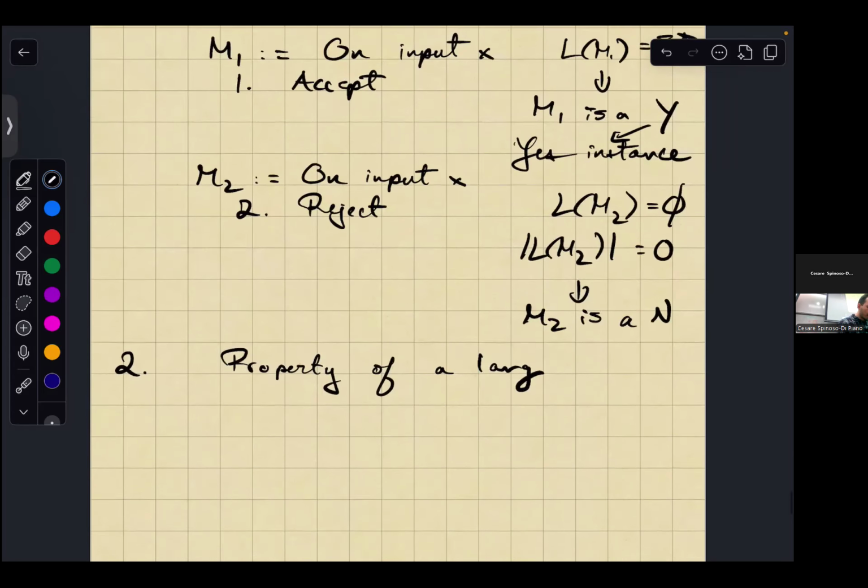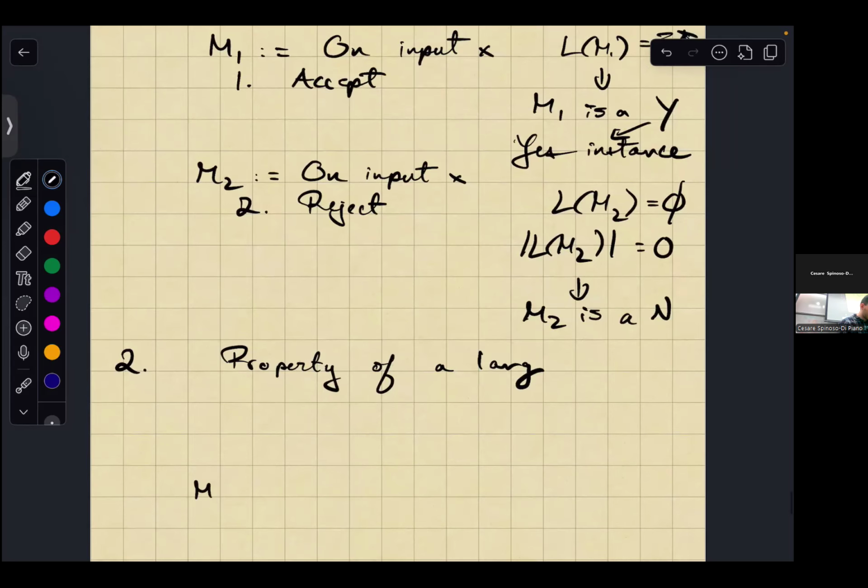So if you pick the Turing machine M1, which is representing L, and M1 evaluates to true, and this truly is a decision problem about a property of a language, then it doesn't matter if I pick another representative of L, M2.